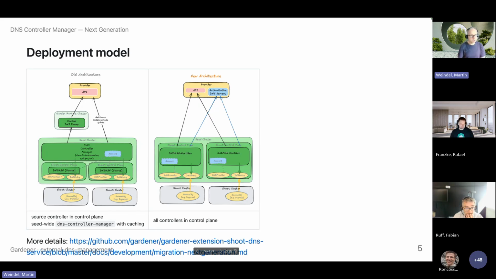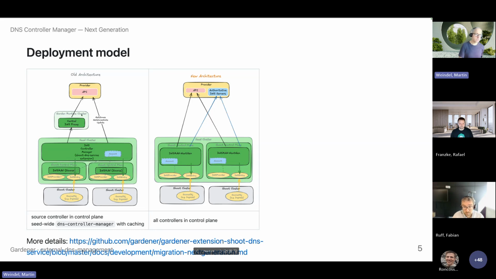And additionally, in each control plane, you have a DNS controller manager which has the source controllers. So if there's now any change to a DNS entry in the control plane, this is handled by the DNS controller manager in the extension namespace, and it goes either directly to the provider, or if you have some additional cache layer.